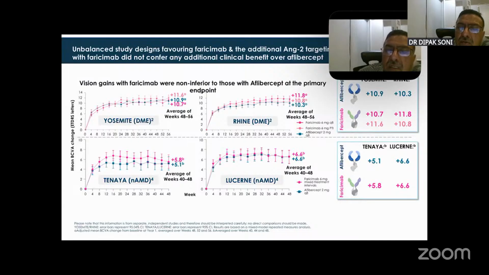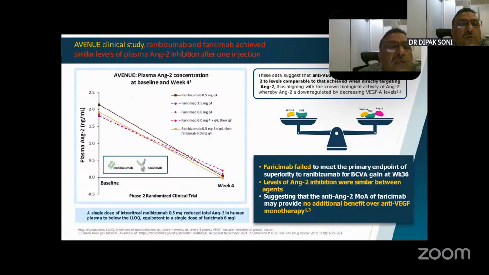Levels of angiopoietin 2 inhibition were similar between agents, suggesting that the angiopoietin 2 mechanism of faricimab may provide no additional benefit over anti-VEGF monotherapy. Aflibercept shows the most durable and robust suppression of VEGF and angiopoietin 2 versus brolucizumab and ranibizumab.